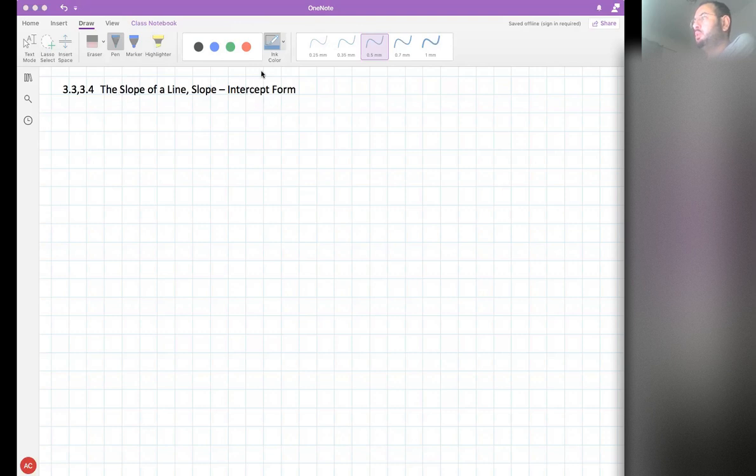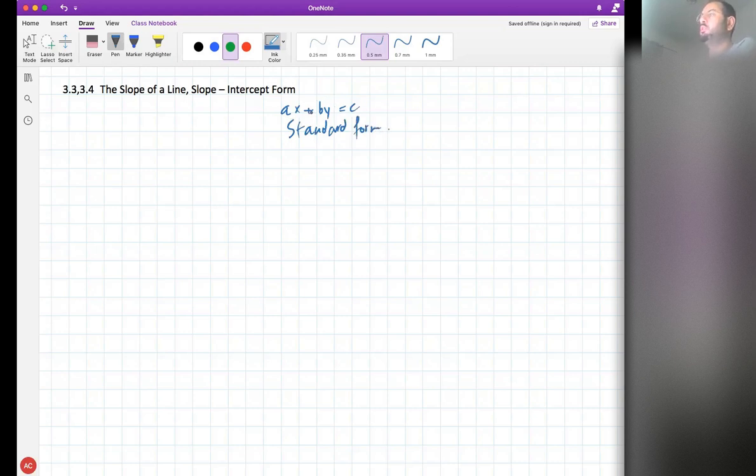So previously we talked about, we used the standard form, we used the equations that looked like this. We call this the standard form of linear equations. And we graphed these, we checked for solutions, and we did the x and y-intercepts and so on.